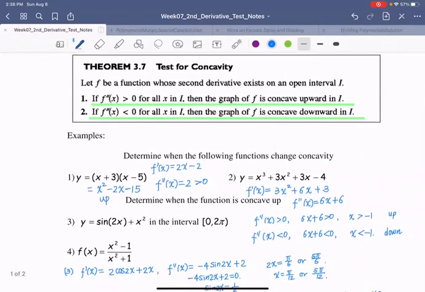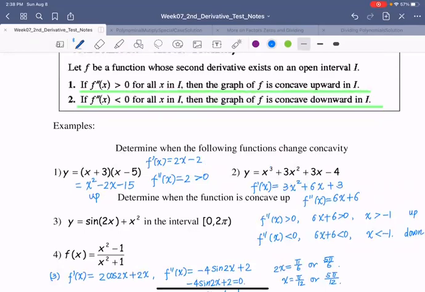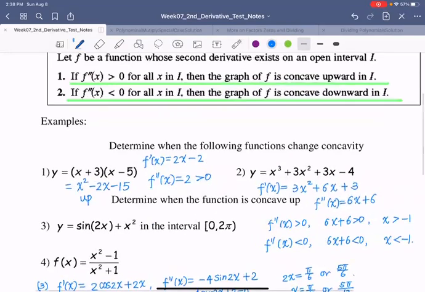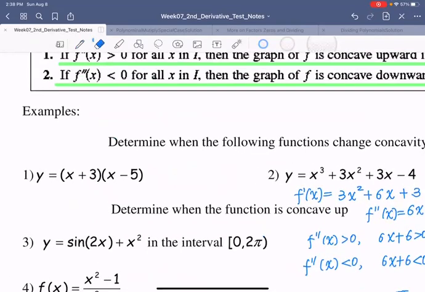Next one. We want to be able to determine the function: when does it change the concavity? So let's see here, first one. I show the first example and then I call on students, okay? Your original function, you can change this.